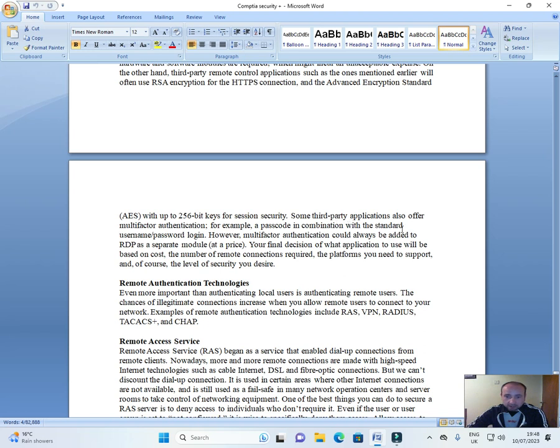Some third-party applications also offer multi-factor authentication, for example, a passcode in combination with the standard username password login. However, multi-factor authentication could always be added to RDP as a separate module at a price. Your final decision of what application to use will be based on cost, the number of remote connections required, the platforms you need to support, and of course the level of security you desire.